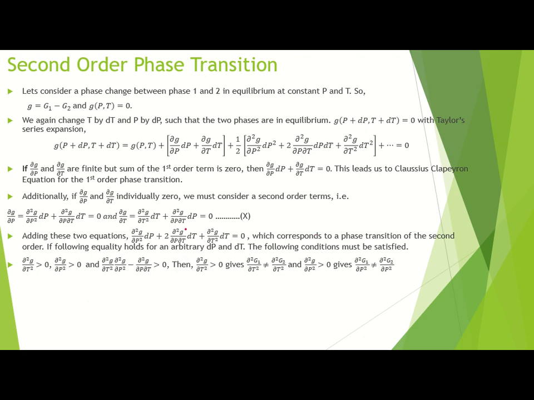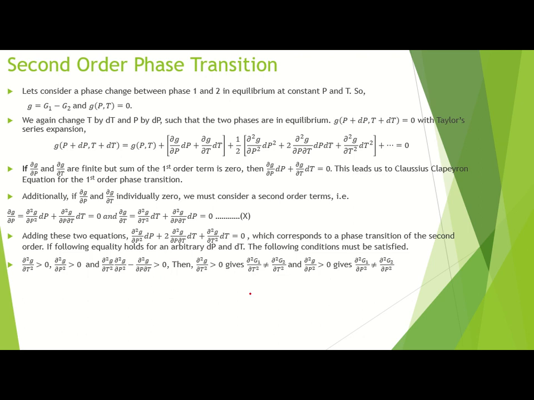So when all the second order derivatives are equal to 0, then we will have the second order phase transition case. So if the following equalities are valid for arbitrary values of P and T, that is dP and dt, may be positive or negative, then we have the following conditions.